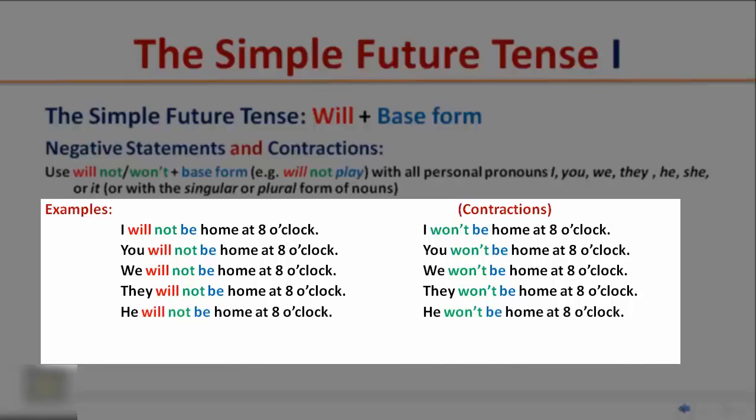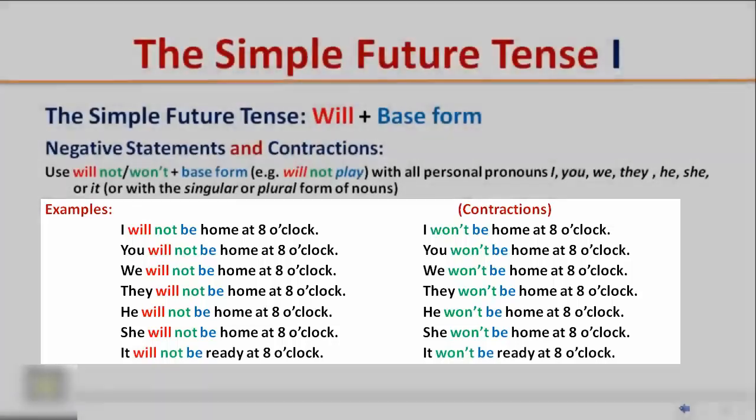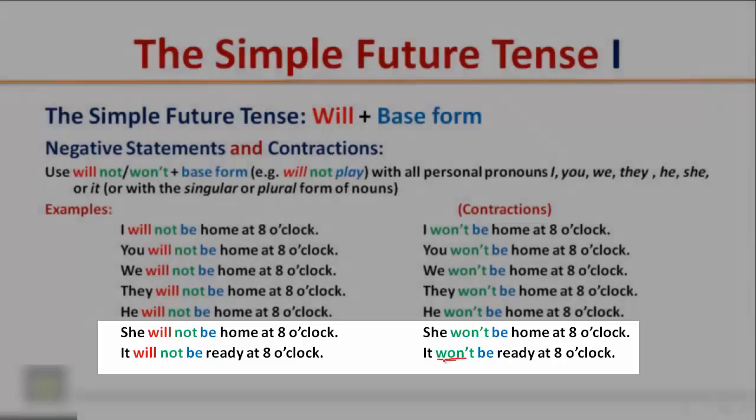He won't be home at 8 o'clock. She will not be home at 8 o'clock. She won't be home at 8 o'clock. It will not be ready at 8 o'clock. It won't be ready at 8 o'clock. Notice that the short form of will not is won't.